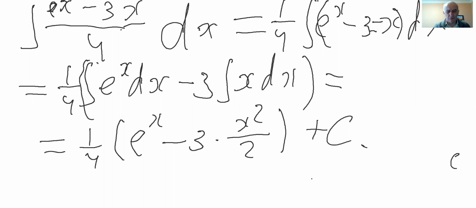About this problem, there was a very good question from Georgi Odishvili. Georgi's question was that the square root of x squared is the absolute value of x, not x. Do you agree with Georgi? Yes.